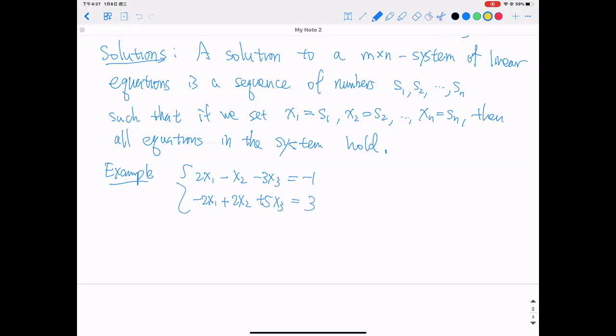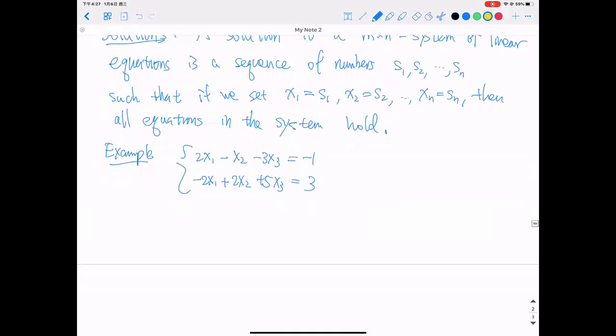Okay, let's say we have this system of two linear equations in three unknowns. So this is a 2 by 3 system.